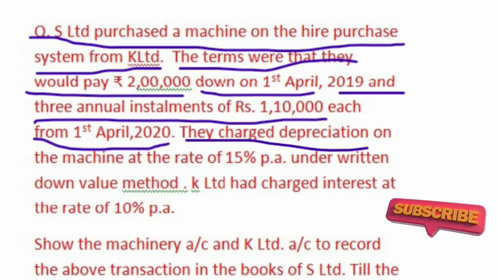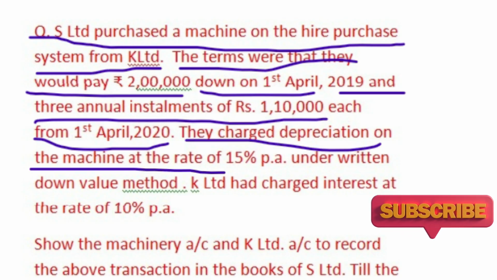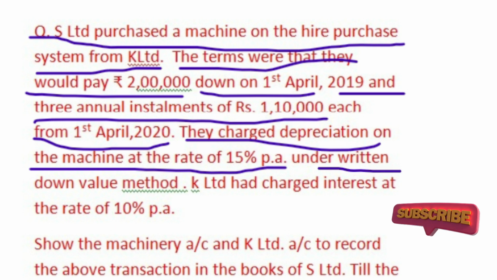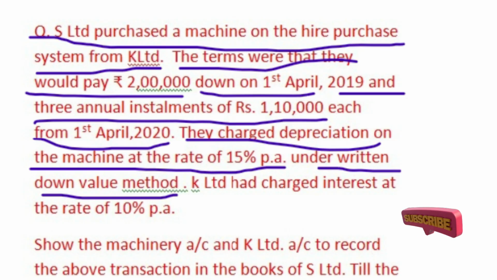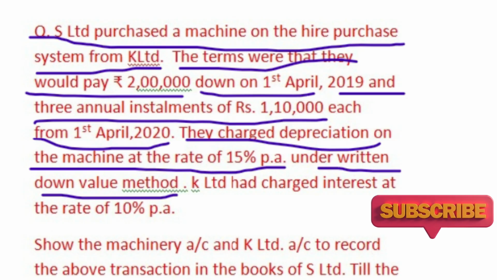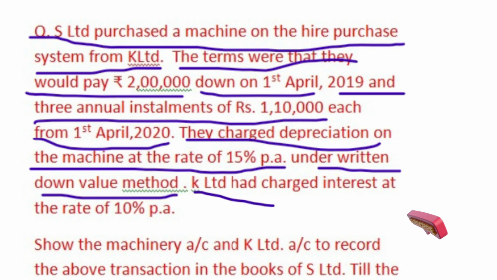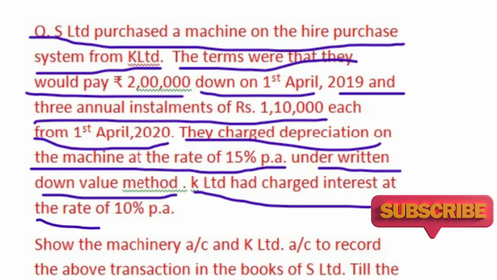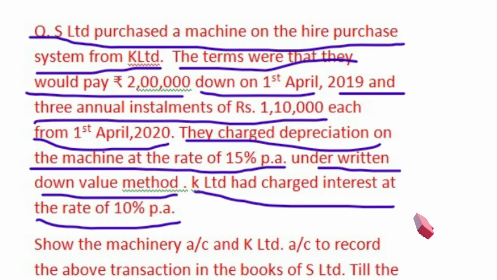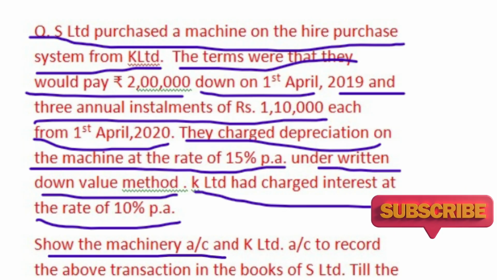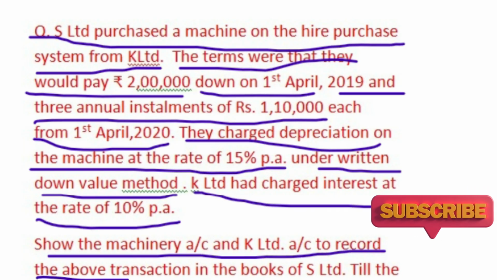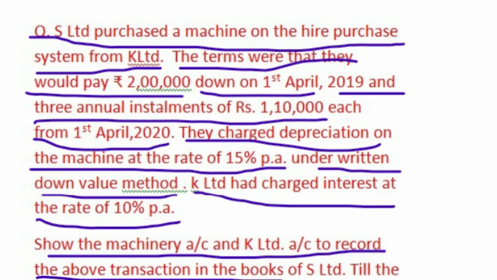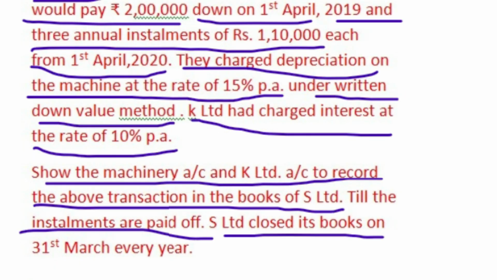They charge depreciation on the machine at the rate of 15% per annum under the written down value method or diminishing balance method. K Limited had charged interest at the rate of 10% per annum. Show the machinery account and K Limited account in the books of S Limited, its books on 31st March every year.